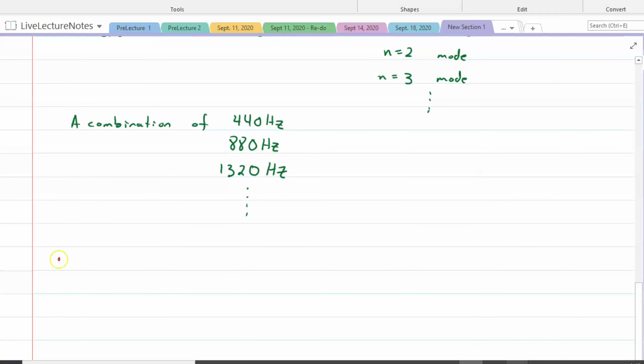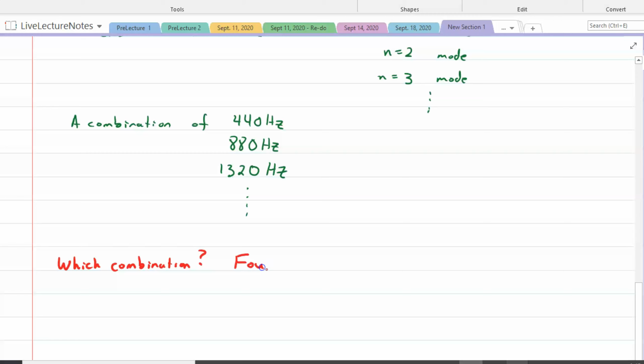Which combination? So if I pluck a violin string, how much of that sound is 440 hertz? How much of that sound is 880? How much of that sound is 1320? You can probably see where this is going. For this, you need a Fourier series or Fourier analysis.